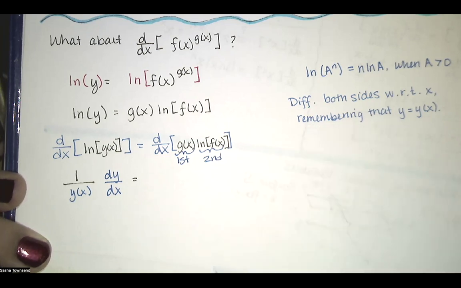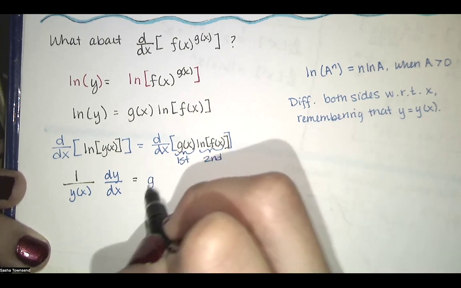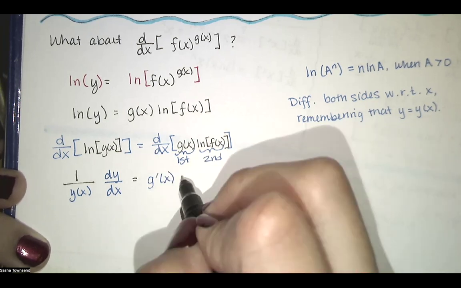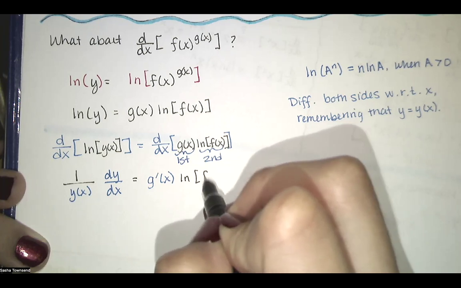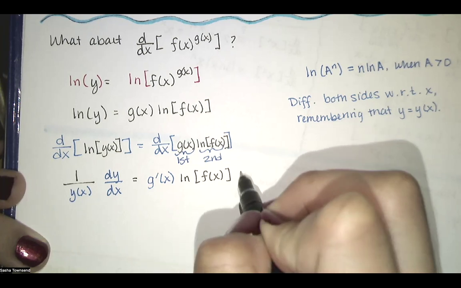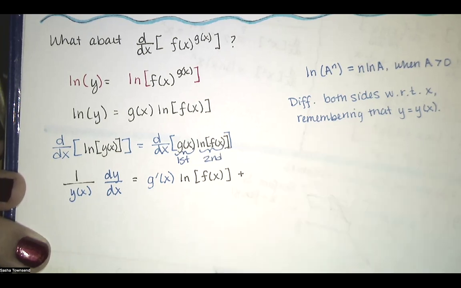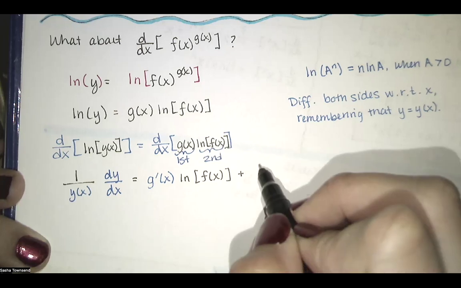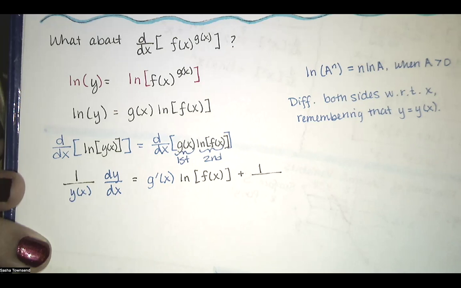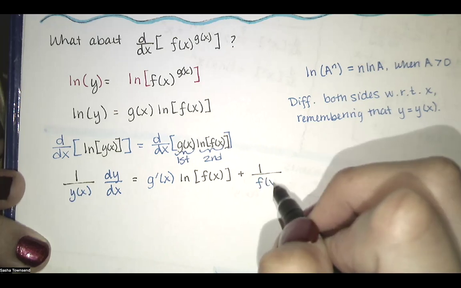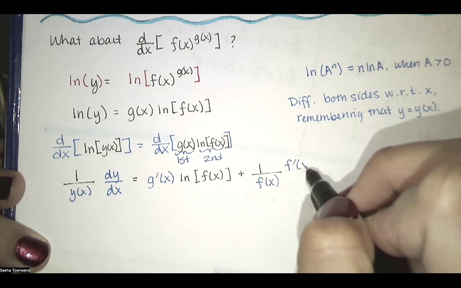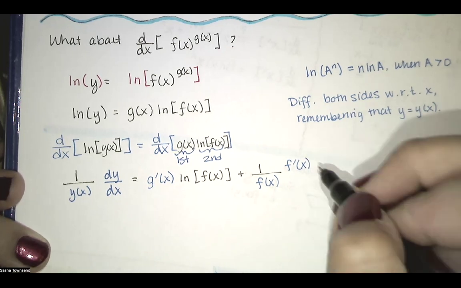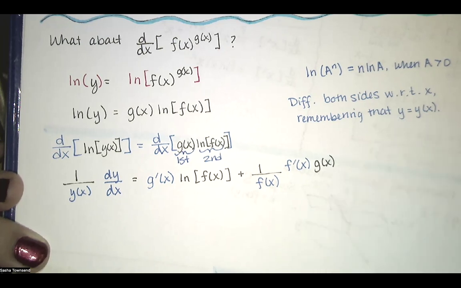According to the product rule, we'll have the derivative of the first times the second undifferentiated plus the derivative of the second function. Well, that requires the chain rule. The derivative of log of a function is 1 divided by the function times the derivative of the inside by the chain rule times the first undifferentiated.